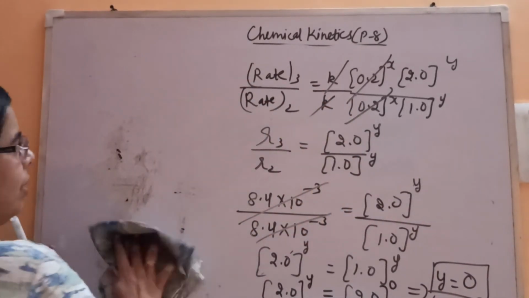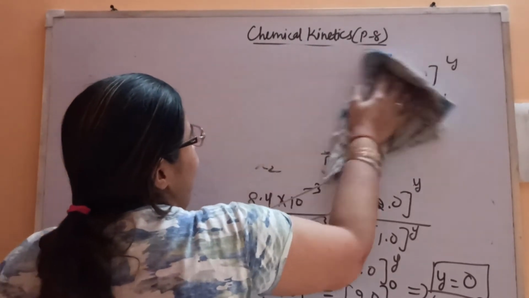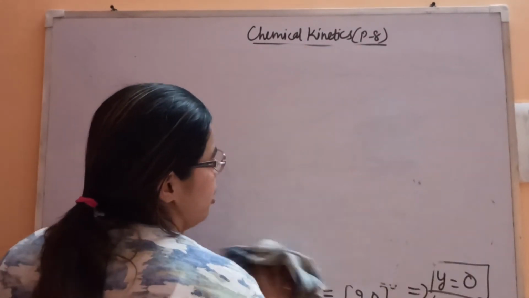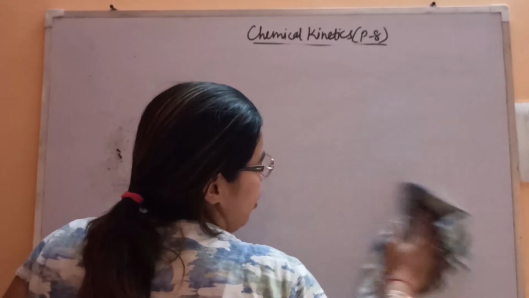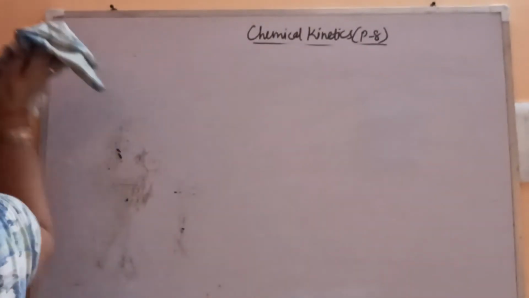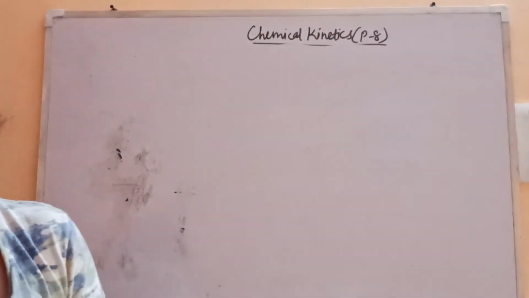We have got the value for B. Now you have to compare the next two experiments. Let's see the question again. In the first two experiments, the concentration of B is the same. So comparing 1 and 2, write down rate 1 is equal to what?